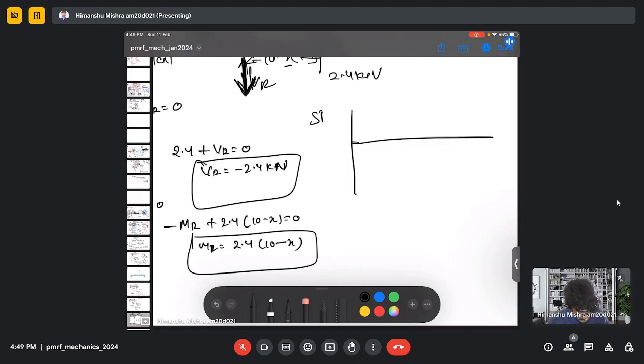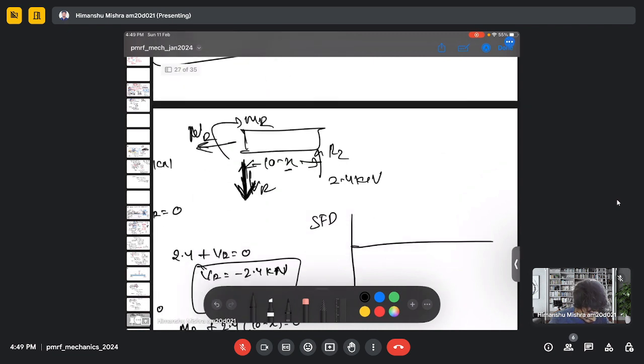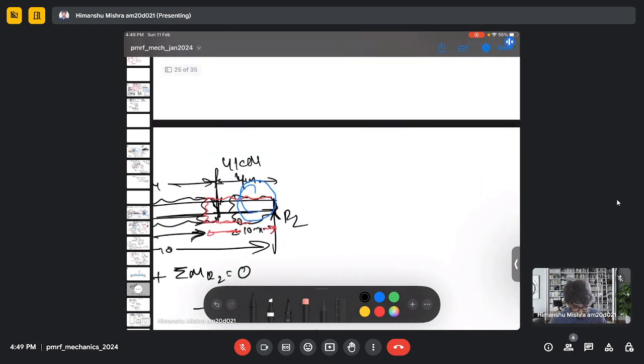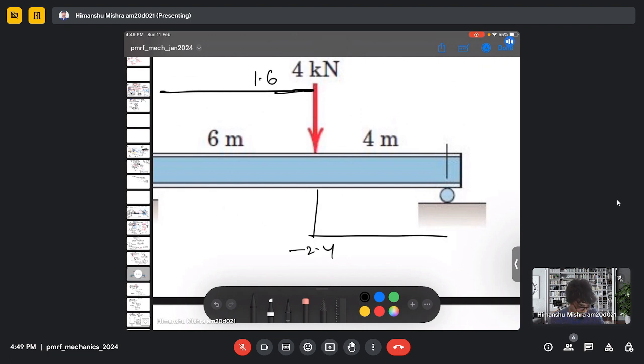So this is my shear force. At left it was 1.6, and it will remain 1.6 till we encounter this point load. So it will remain 1.6 till here, and from here it will be minus 2.4 that we found.